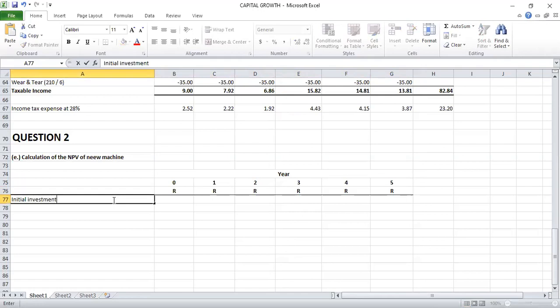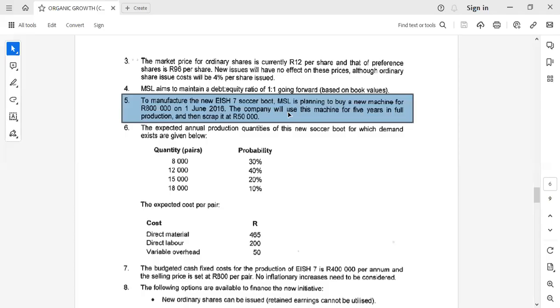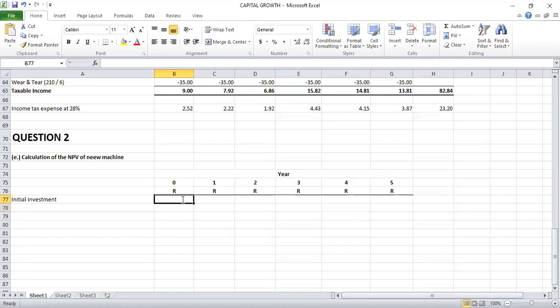Right. So we're told that this machine would require an initial investment of 800,000 and will be used for 5 years, whereby it will be scrapped at 50,000. So there will be 800,000 initially. And that will be negative because money will be invested.